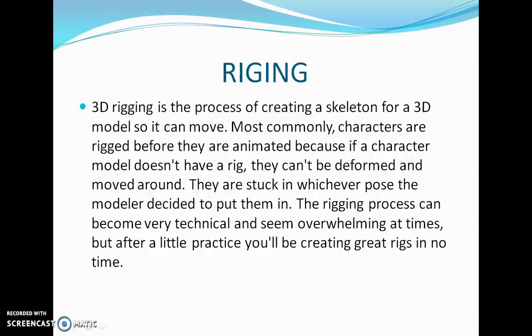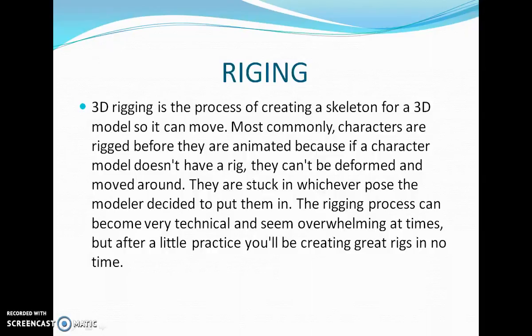Now we will talk about rigging. 3D rigging is the process of creating a skeleton for a 3D model so it can move. Most commonly, characters are rigged before they are animated, because if a character model does not have a rig, they cannot be deformed and moved around.